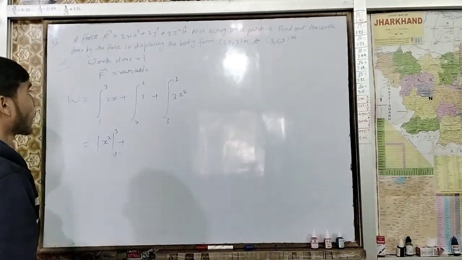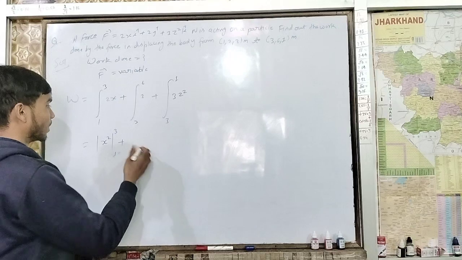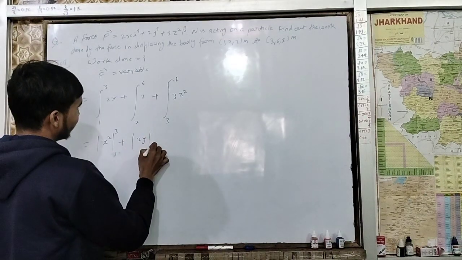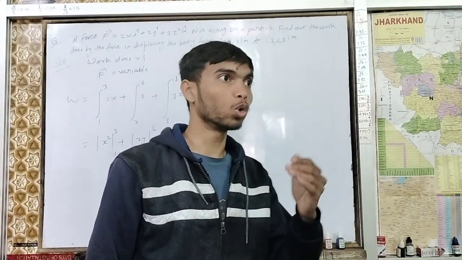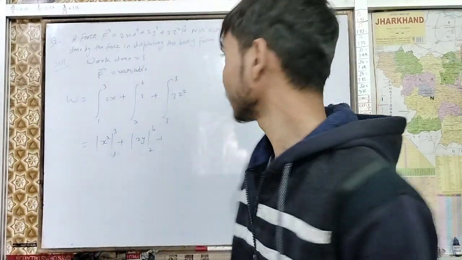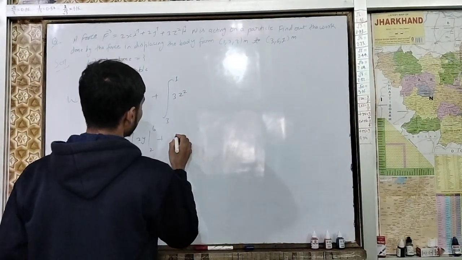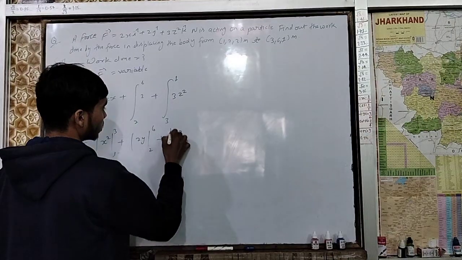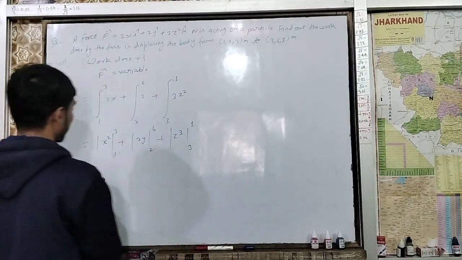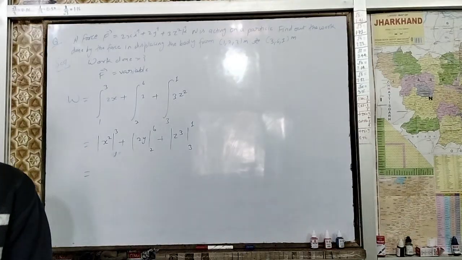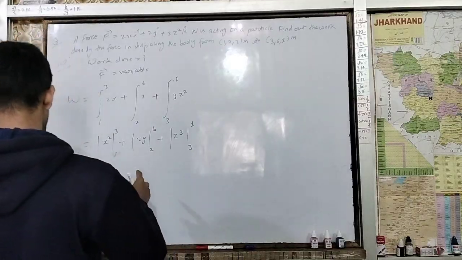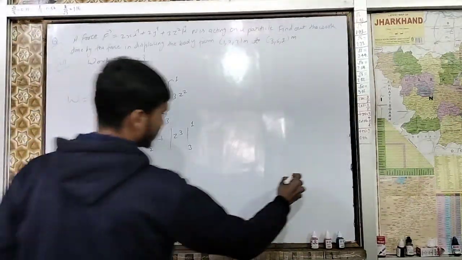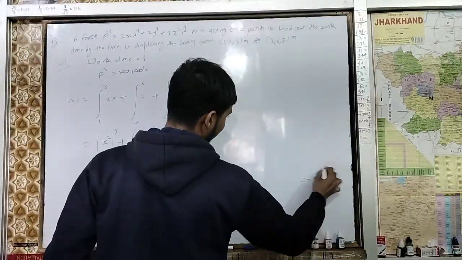Plus the integration of 2 would be 2y, with limits 2, 6. The integration of 3z square will become z cube, with limits 3, 1. Am I correct? Yes, till here you are correct.